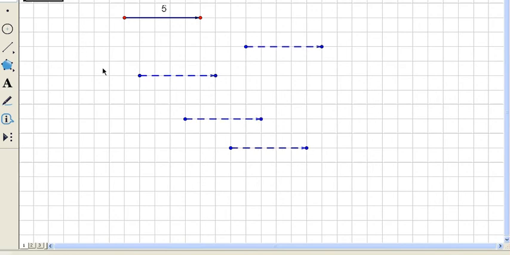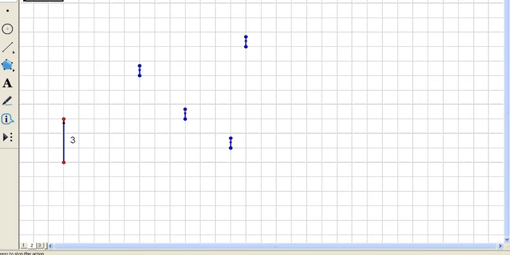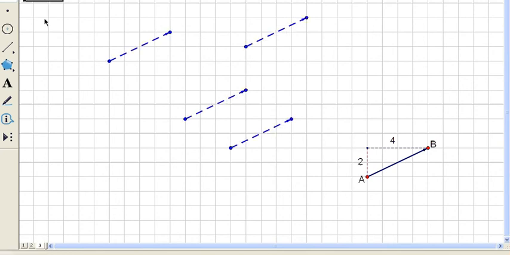Here we see a horizontal translation in which each point was translated 5 units to the right. This time we have a vertical translation in which each point was translated 3 units up. Here we have a diagonal translation.